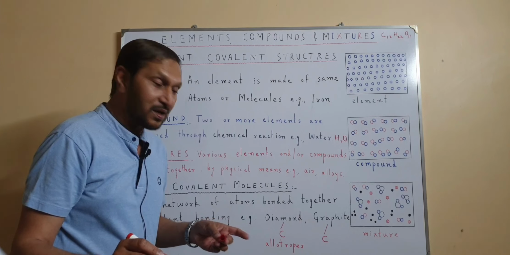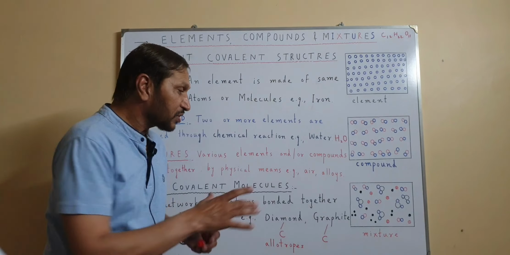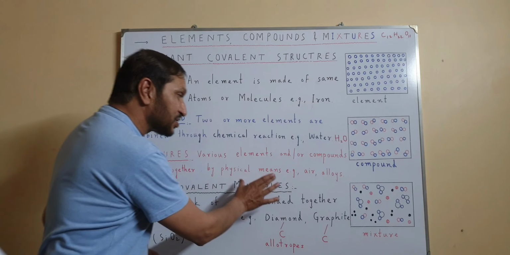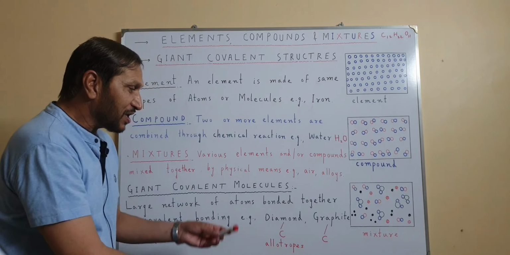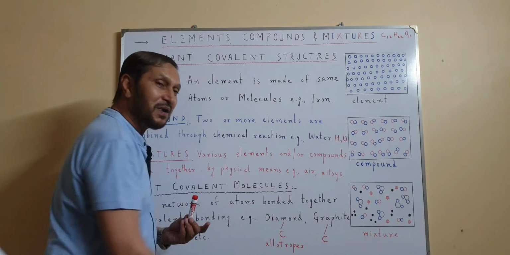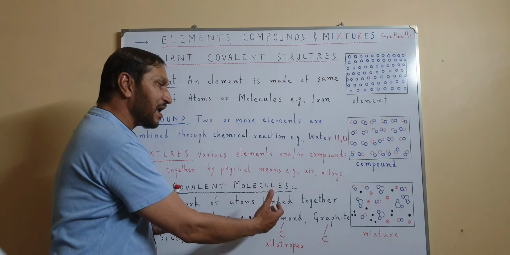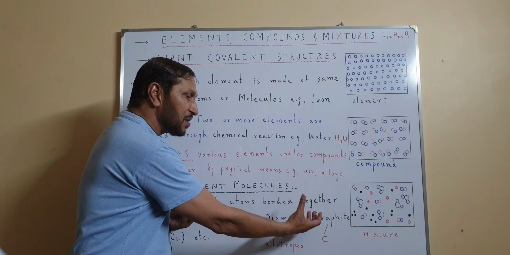Both are carbon, and both are giant covalent structures, both are macromolecules, but they are arranged differently. One has assumed the shape of diamond and the other has assumed the shape of graphite.